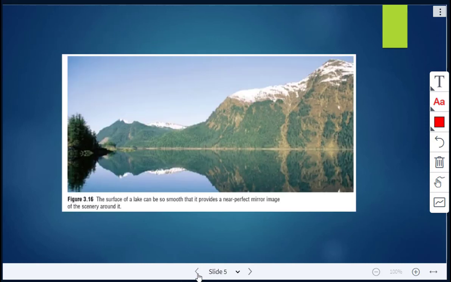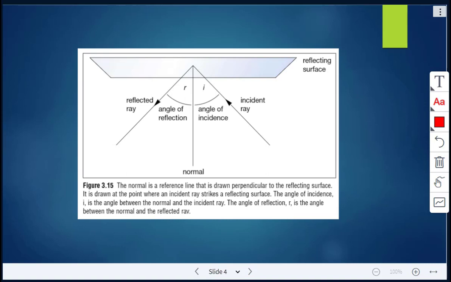If I go back to this image here, if we say that this angle, the angle of incidence, is 60 degrees, then this angle here will also be 60 degrees. And just keep in mind that the angle made with the normal is a 90-degree angle, shown by that little box.